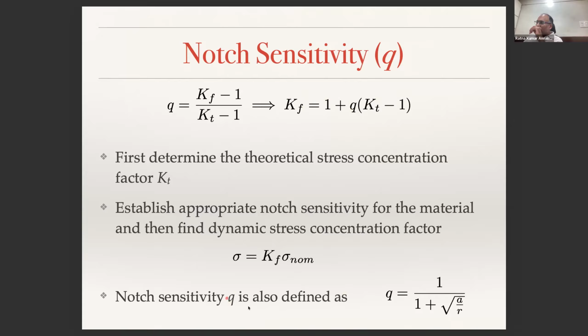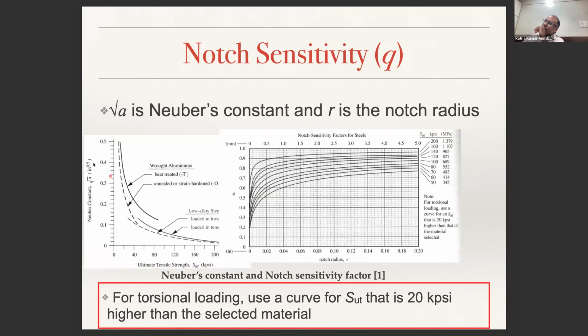And now how do you compute Q? How do you get Q? In order to find the fatigue stress concentration factor, if you know the theoretical stress concentration factor, you need to compute the notch sensitivity Q. This notch sensitivity Q depends on the material property and the notch geometry. This a is not crack length. There is no crack here. This is what we call Neuber's constant, which depends on the ultimate strength of the material and the way the material is made.